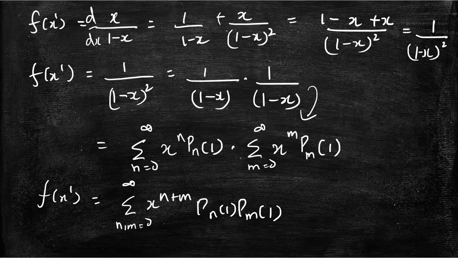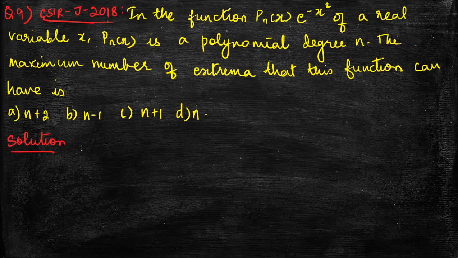Now I have found the function, but I have to see the option which satisfies it. I already know that 1 by 1 minus x is written as x bar n Pn of 1. I am again going to write this 1 by 1 minus x in terms of m, which satisfies option B.